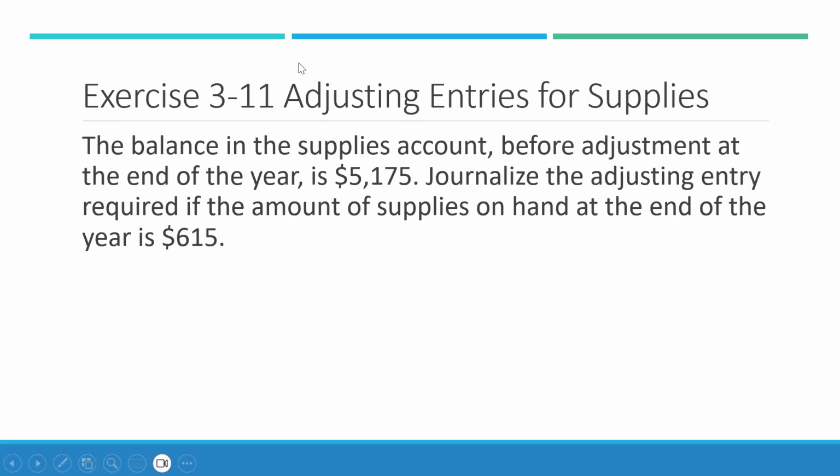The balance in the supplies account before adjustment at the end of the year is $5,175. Journalize the adjusting entry required if the amount of supplies on hand at the end of the year is $615. What are we going to do, guys?